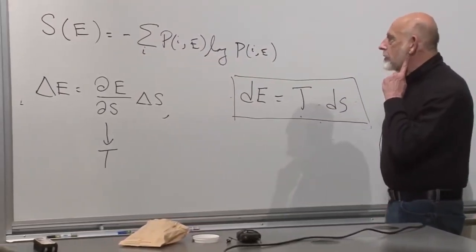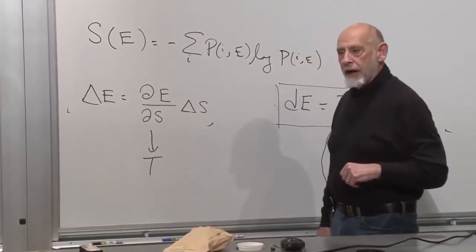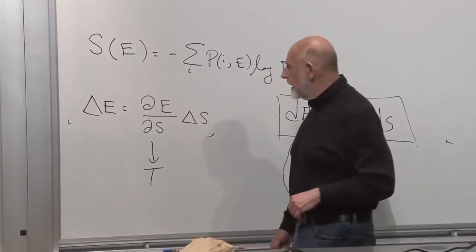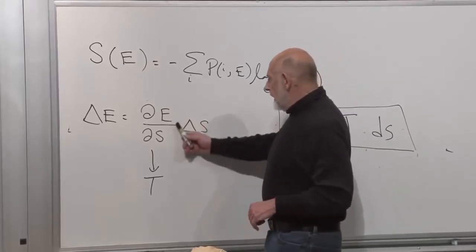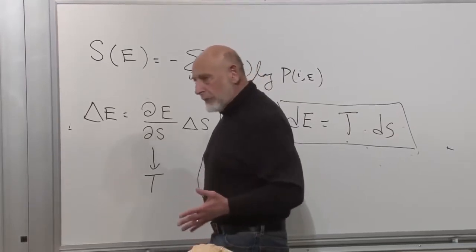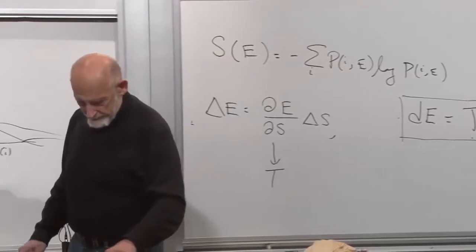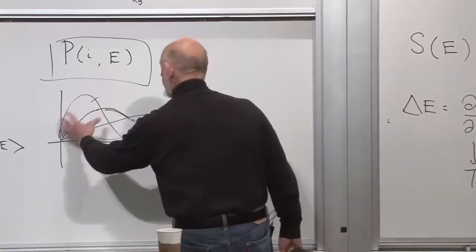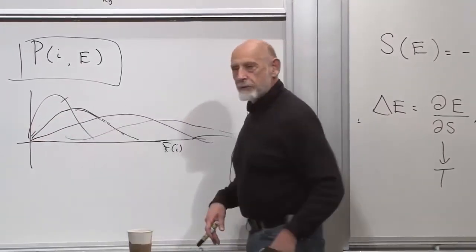So we're going to assume then that the energy is a monotonically increasing function of entropy, or entropy is a monotonically increasing function of energy, and that means the temperature is positive. dE by dS or dS by dE are positive. Assumption for the moment. And as I said, what it means is that when you increase the parameter E, you spread the distribution over a larger number of states.